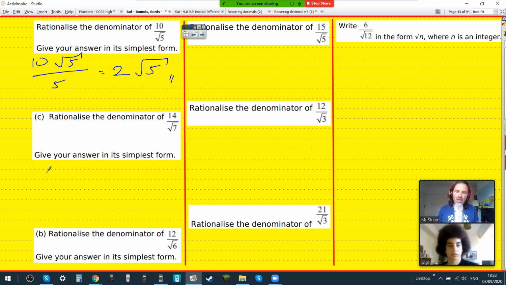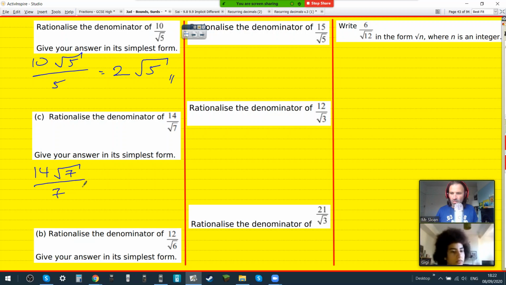How about the next one down? Rationalize the denominator of 14 over root 7. It'll be 14 root 7 over 7.